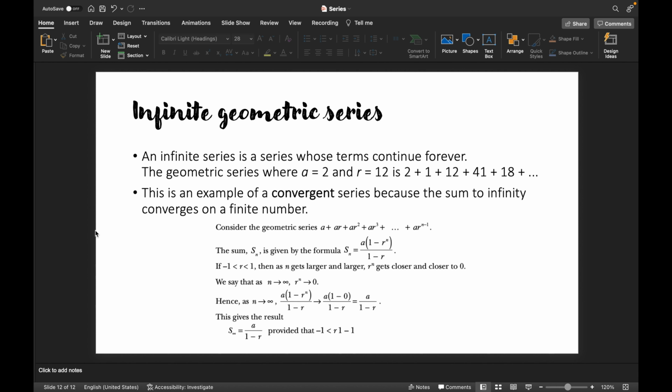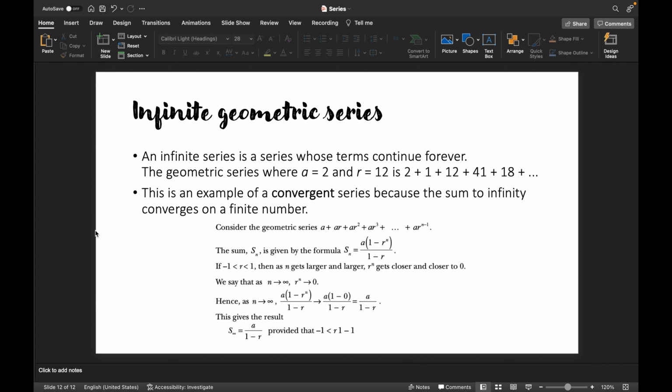If it has a common ratio between -1 and 1, not included, it will get smaller and smaller, becoming so small at a certain point that it's insignificant. Therefore, you can find the sum of this geometric series.